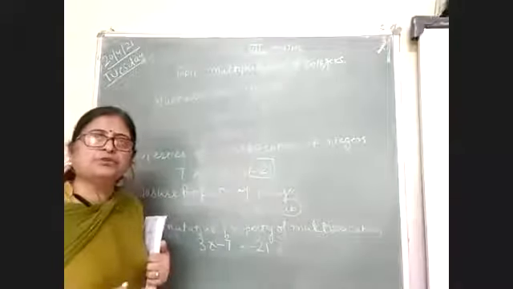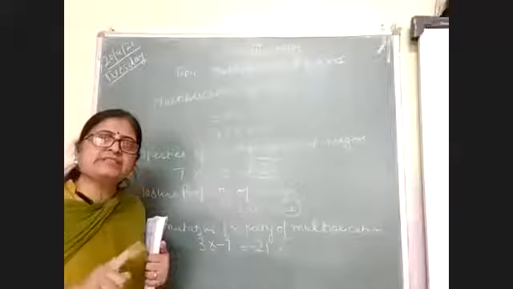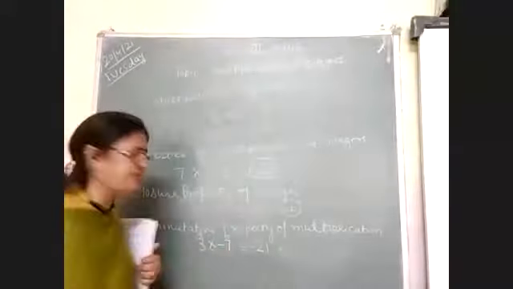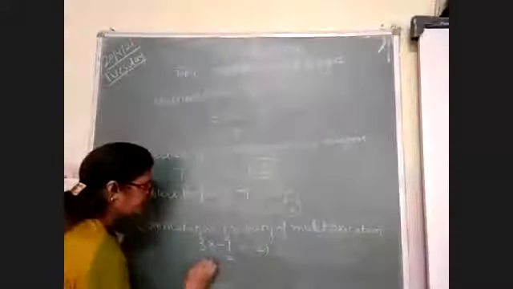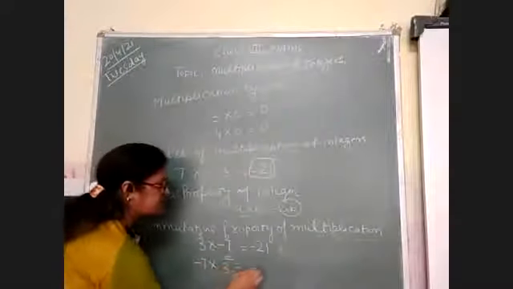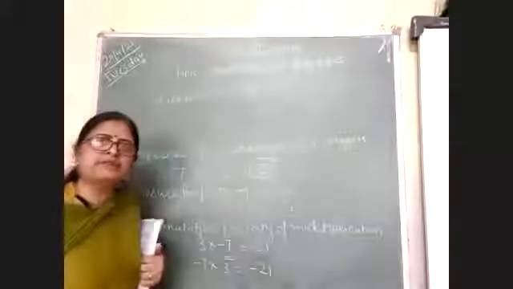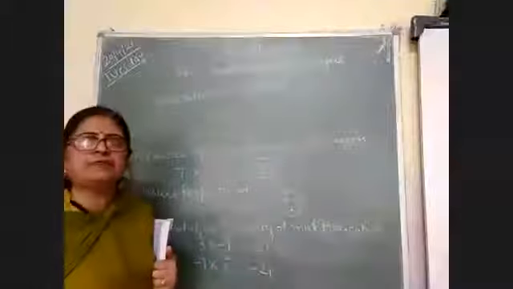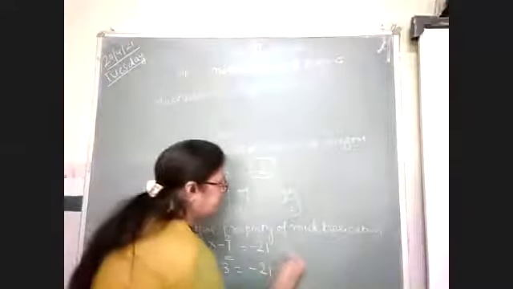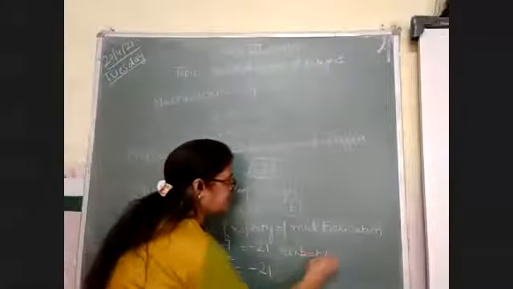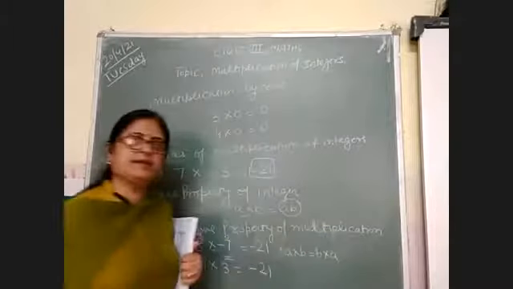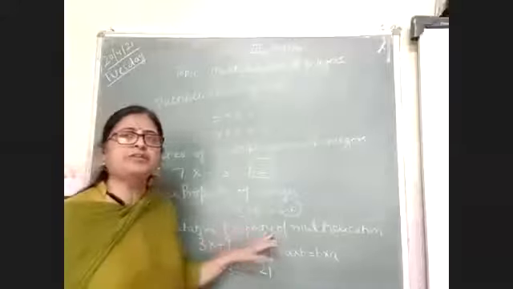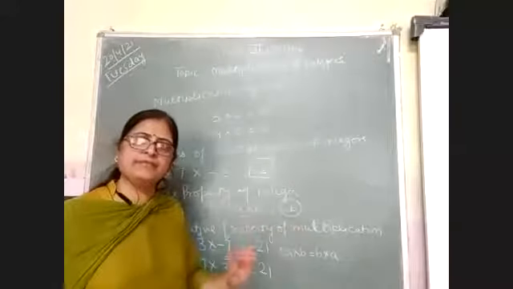I already told you a positive integer multiplied by a negative integer gives a negative result. And B into A is also equal to -21. So the commutative property means A multiplied by B is equal to B multiplied by A. Both are equal.